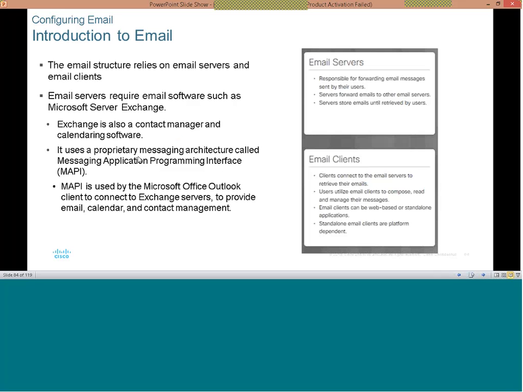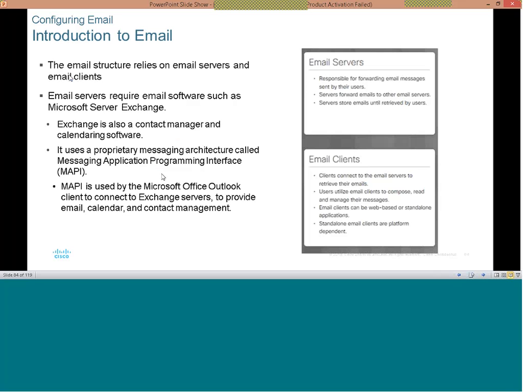Now, in relation to email, configuring the email. Email servers require email software such as Microsoft Server Exchange to exchange information. You can see port 25 and port 110. They all have to do with the mail delivery agent and the receiving agent.